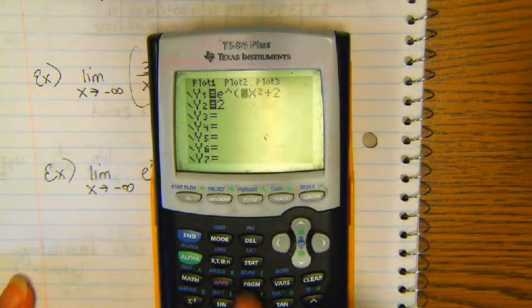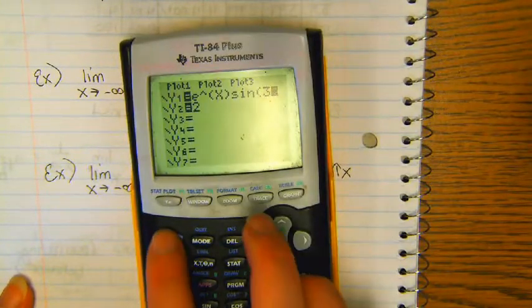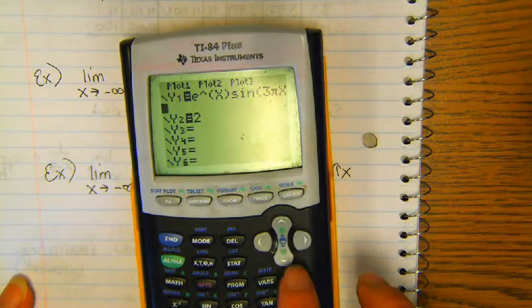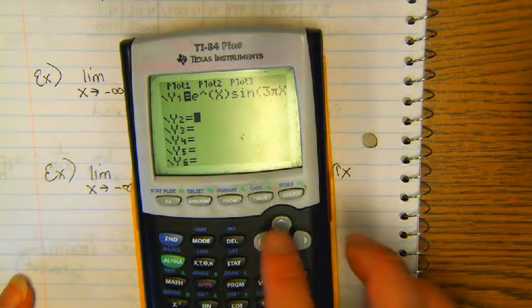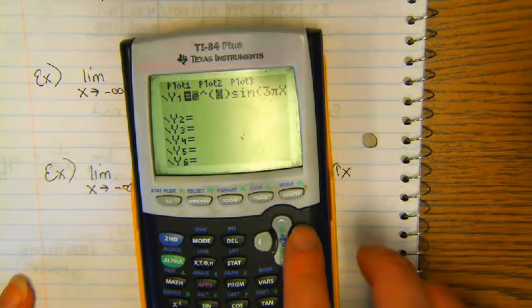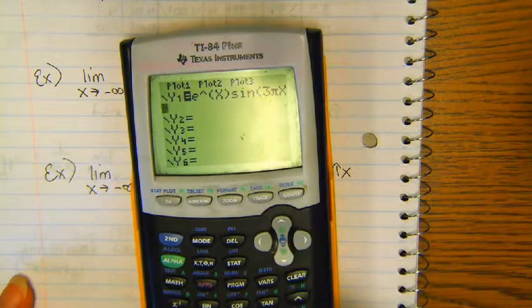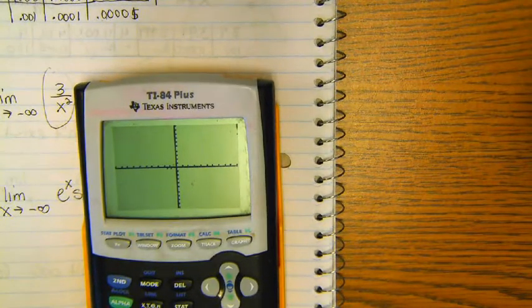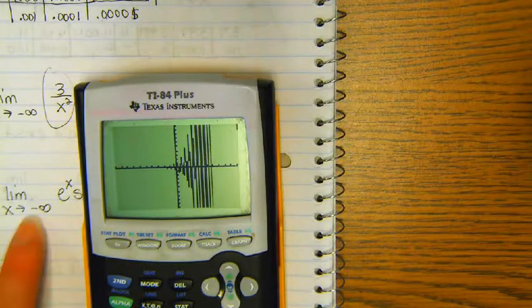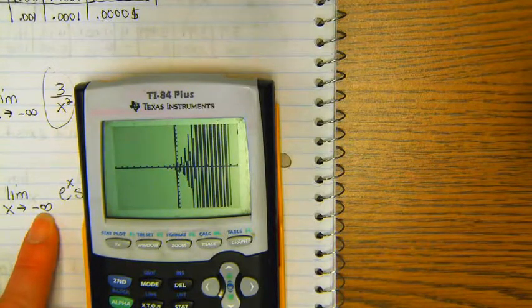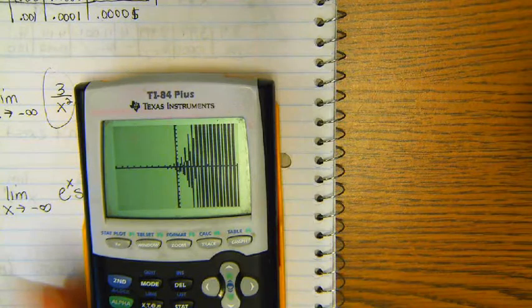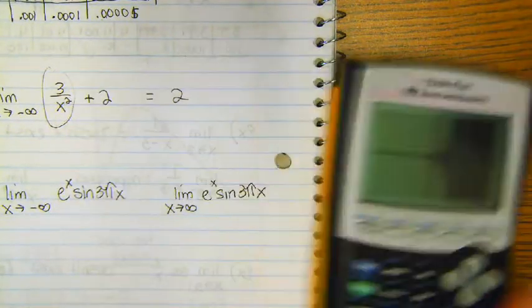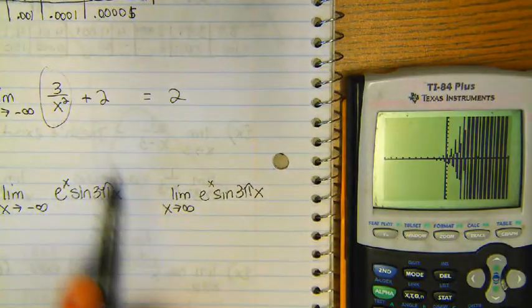We're looking at the first one now. No, you were right, because as x goes to negative infinity, you have to think about how the sine isn't going to matter, because it's going to continue to oscillate back and forth.